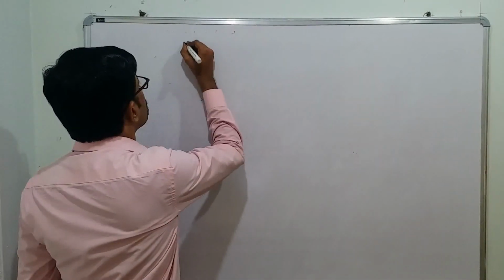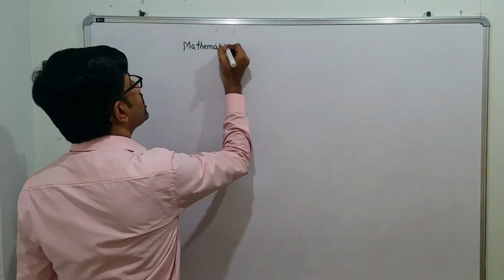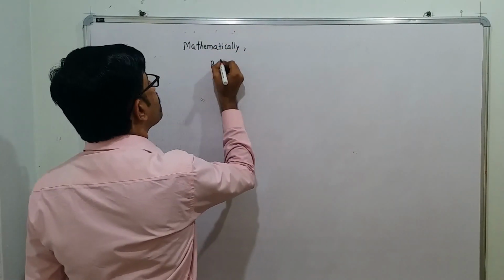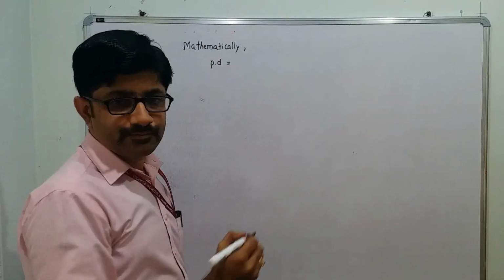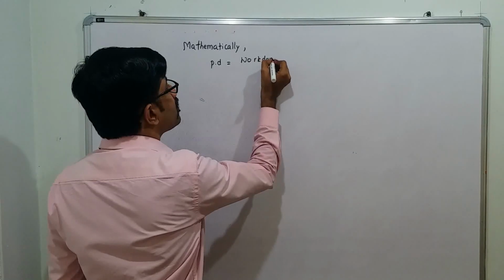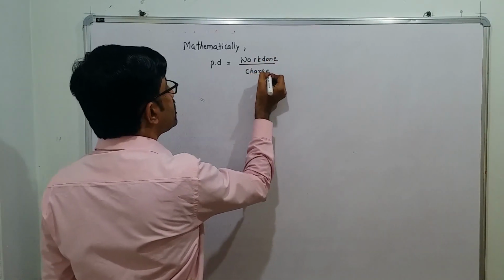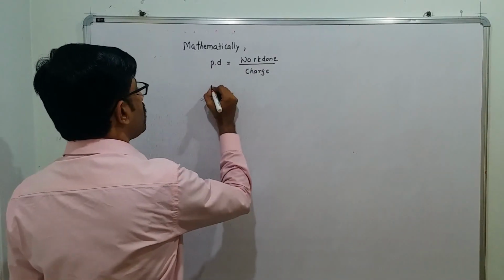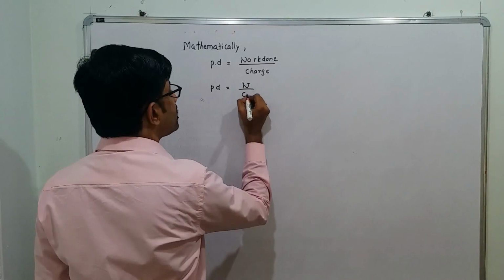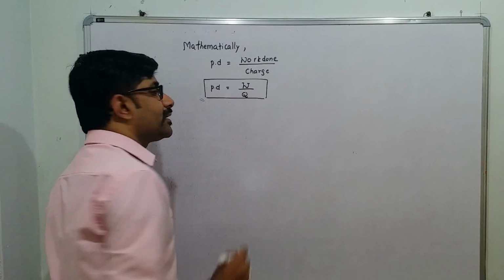Mathematically, potential difference is given by work done divided by charge. Therefore, potential difference is equal to capital W divided by charge Q. This is the simple mathematical formula.